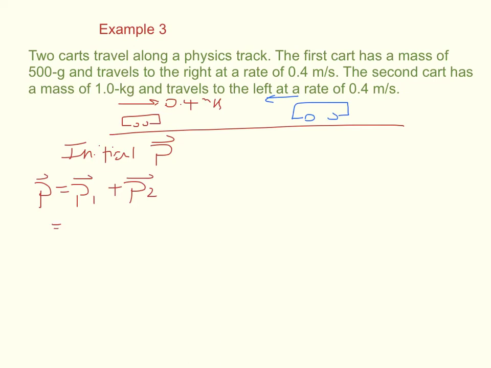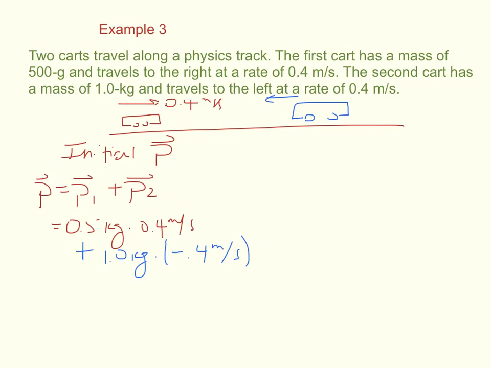So the first one, P1, we have moving to the right, 500 grams, so the mass is 0.5 kilograms times the velocity, 0.4 meters per second. Plus the second cart, which has a mass of 1.0 and a velocity of negative 0.4 meters per second, because it is traveling to the left.